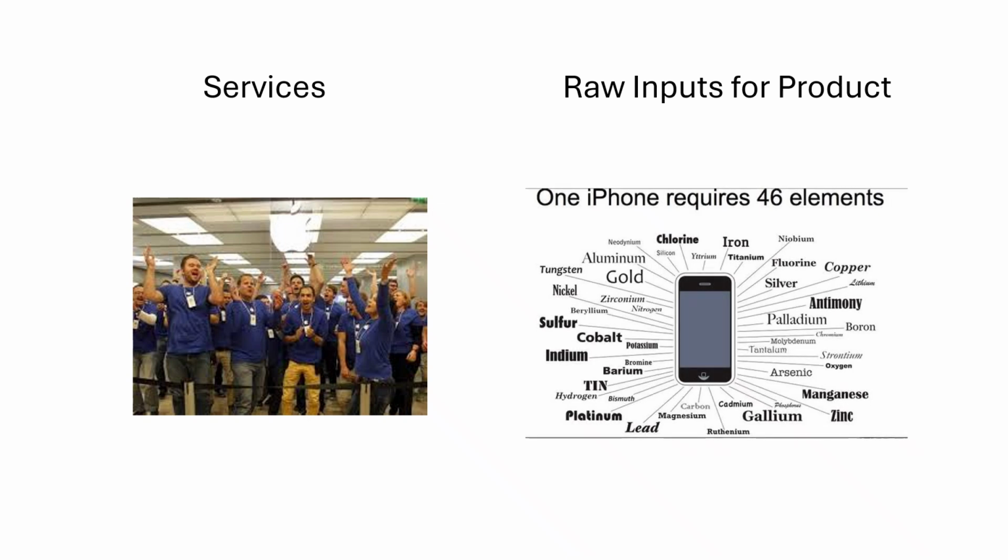Services consist of wages you pay employees, such as iCloud or to tend the Genius Bar. A cost of product takes into consideration all of the costs of creating the product. For an iPhone, this can be quite complex. On the right is a picture of all the materials needed to assemble an iPhone. Gold, cobalt, lead, gallium, manganese, just to name a few.